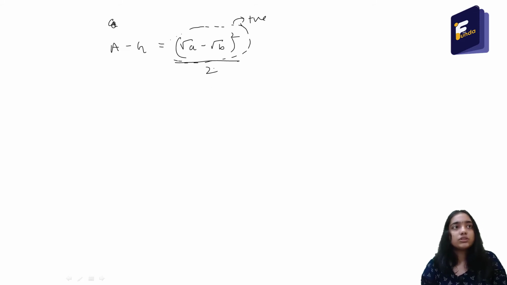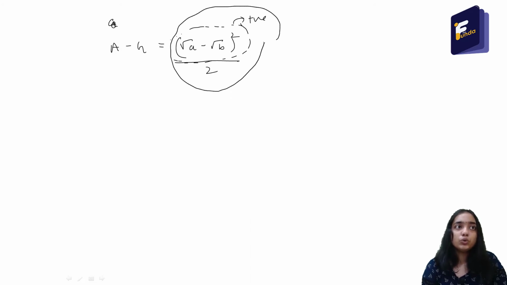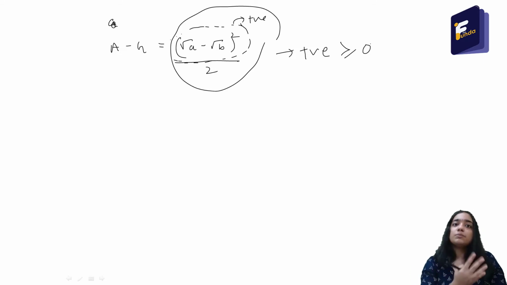And 2 is a positive number. So this whole term, root a minus root b whole square by 2, is a positive number.